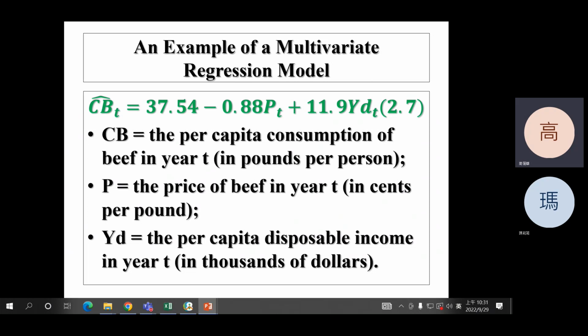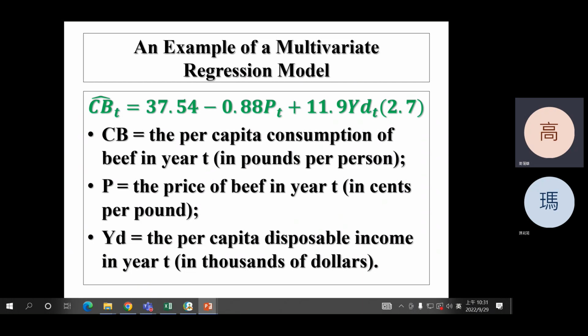So according to the economic theory, the result for equation 2.7 actually follows our expectation. Okay? So after you make sure that all the results follow our expectations, then you can start explaining the meaning of the coefficient.